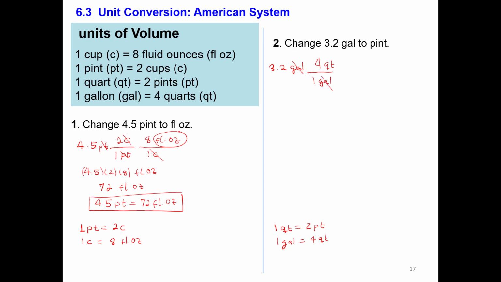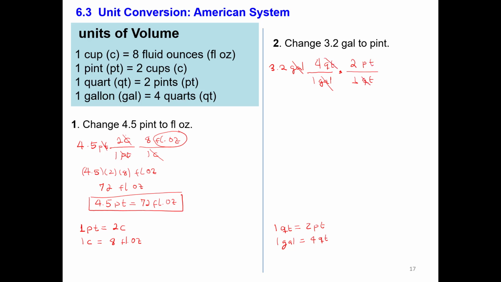Let's cancel out, but we don't want quarts, we want pints. Then we need to use the next conversion factor. We need 1 quart here, to cancel out the quart, and we need 2 pints, which is the unit we want.